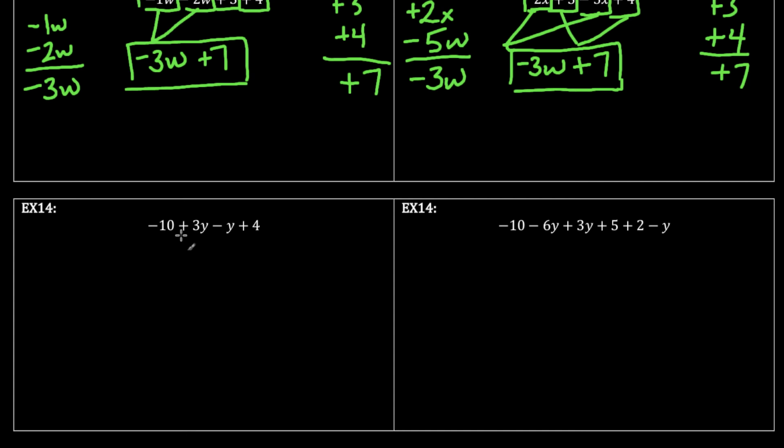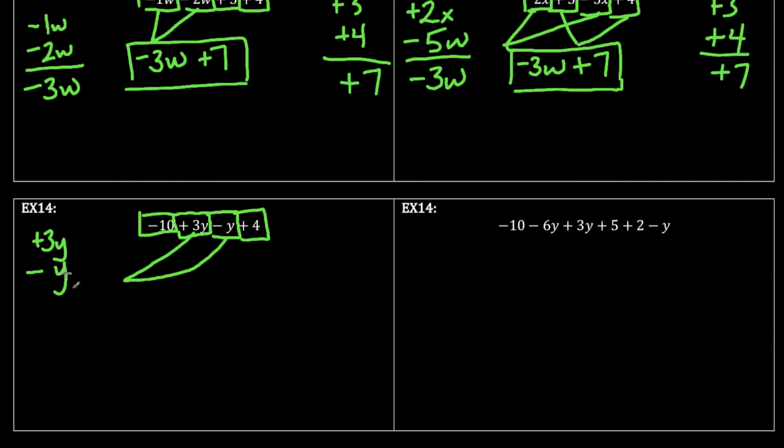Okay, 2 more. So let's box the terms. Minus 10, or negative 10 plus 3y minus y plus 4. So I'm going to look for my x term, my variable terms. There's no x in this, it's a y. So here's a y term, and here's a y term. So I have 3 copies of y, and I take away y.